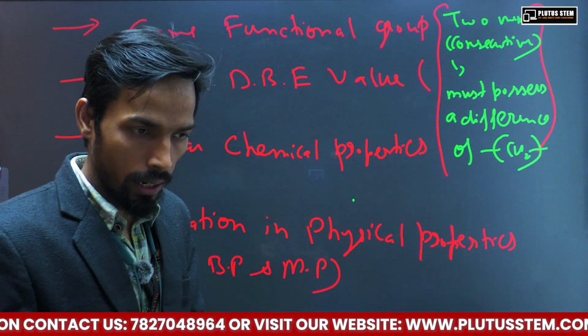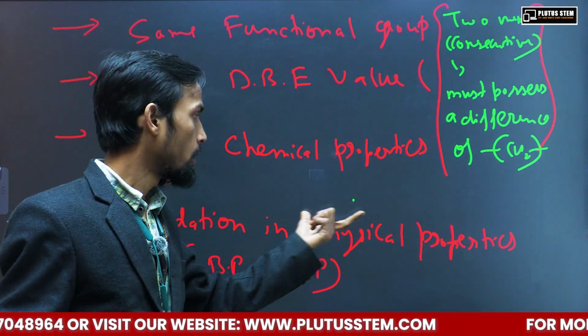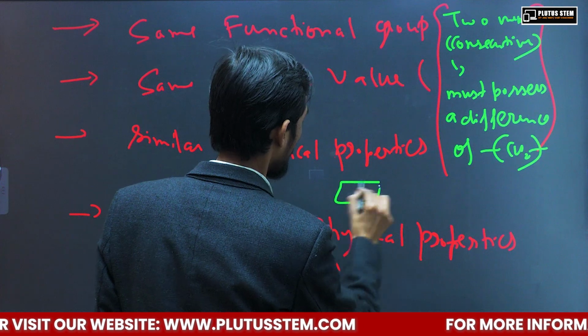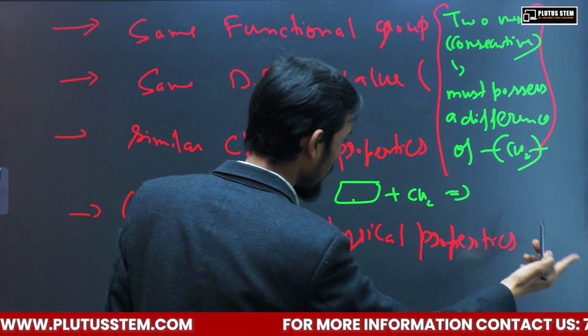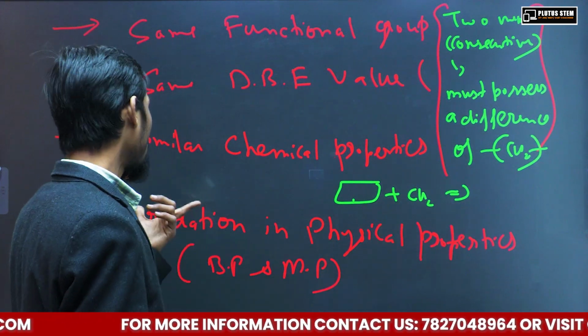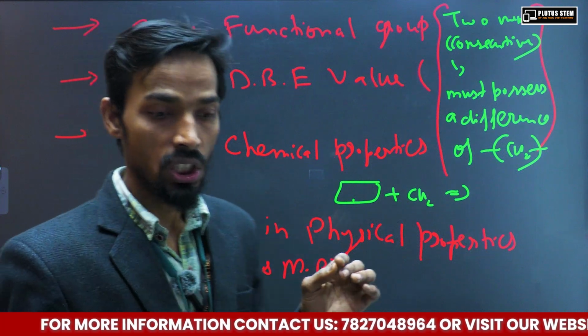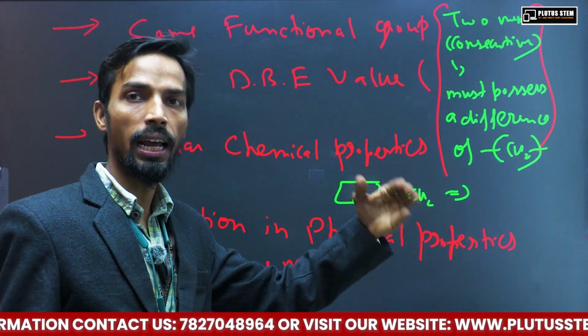So if there is a series and one compound has this formula, the next will have plus CH2, and the next will have plus another CH2. This way the series will continue, and they will have the same general formula also, like CnH2n+1, CnH2n+2.